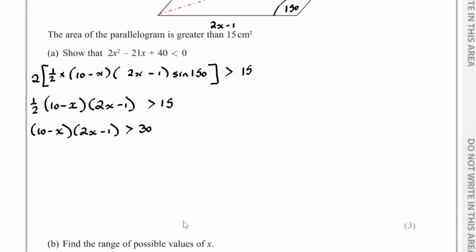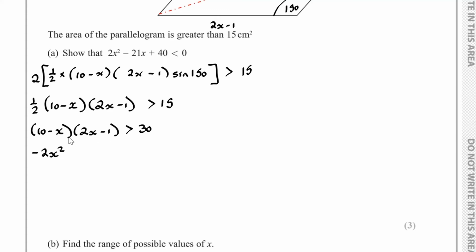If we expand and simplify, 2x times minus x, that's going to be minus 2x squared. 10 times 2x, that's 20x, and then minus x times minus 1, that's plus 1x. So we have over here 21x. Does that make sense?